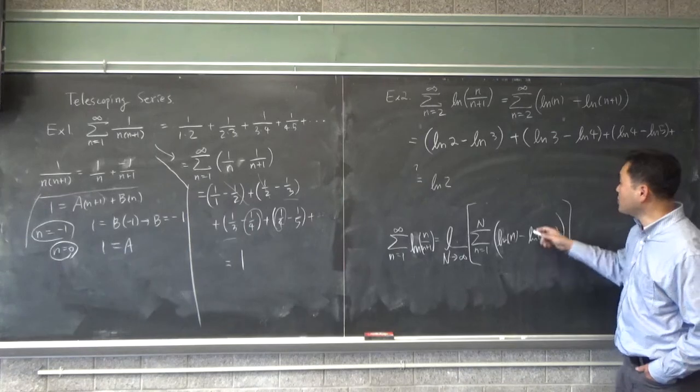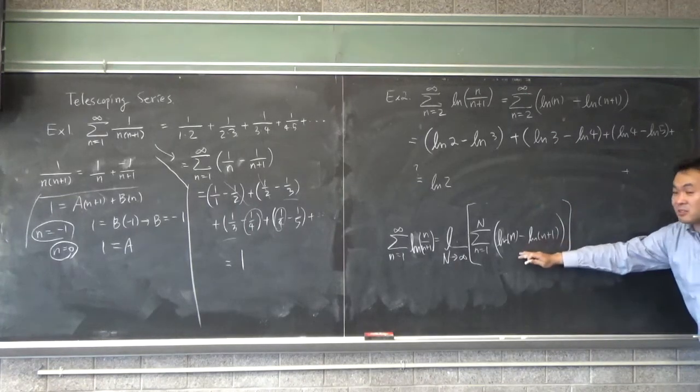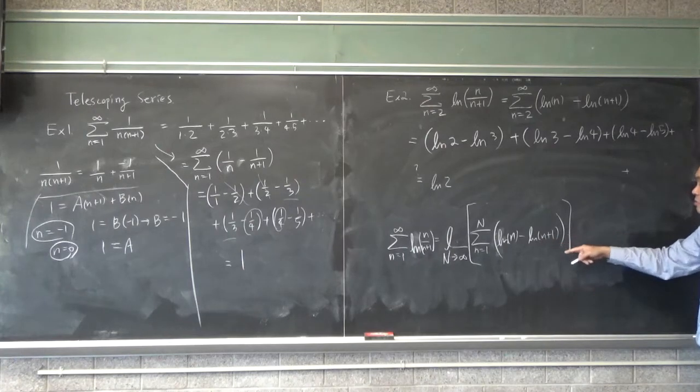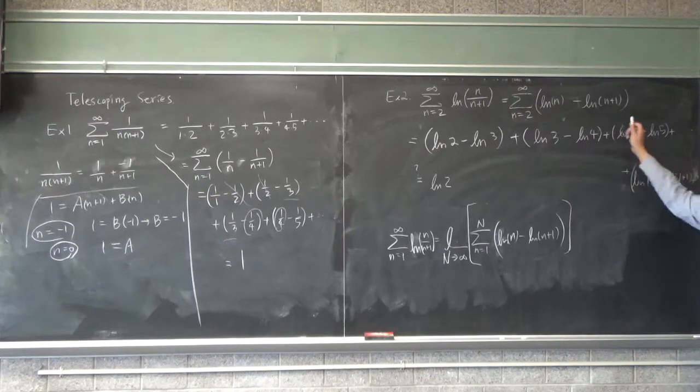Now let's see what happens to this much. Well, this will be like this, but there's a place that ends, right? What's the last term this would be? ln of, when you have capital N plugged in? Big N minus 1. Big N, and then minus ln of big N plus 1. That's the last one, and if you had a series like this, then everything in between will cancel, but the very first and the last will survive, right?